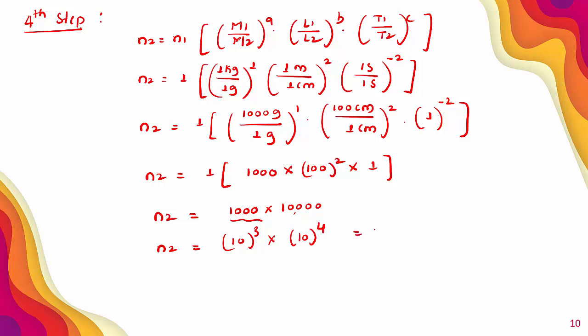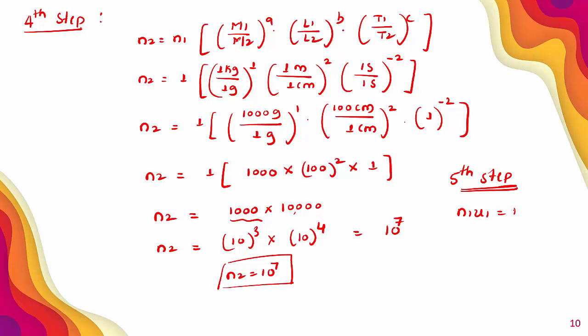So what is the total value we can get here? 10 raised to 4 plus 3 will be 7. So N2 equal to how much? 10 raised to 7. That was the fourth step. Then what is the fifth step? I can write here the fifth step: N1 U1 is equal to N2 U2.